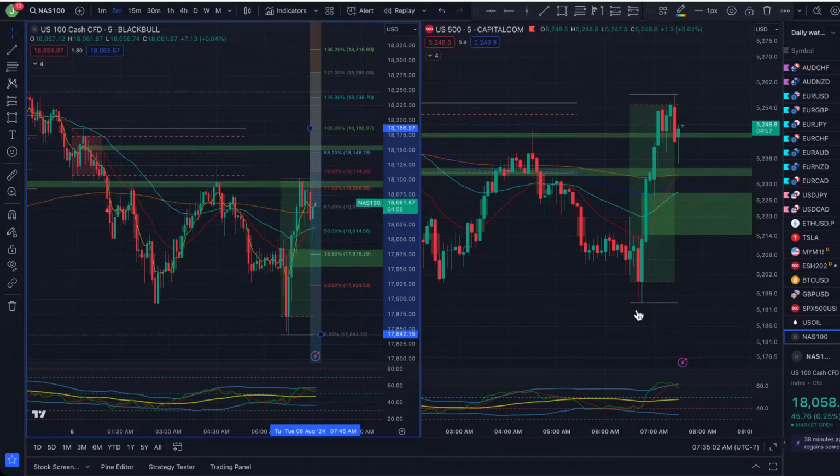So although we do have a slightly bearish sentiment, we are bouncing off of some higher time frame PD arrays.